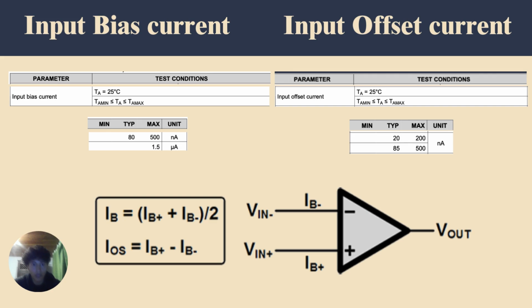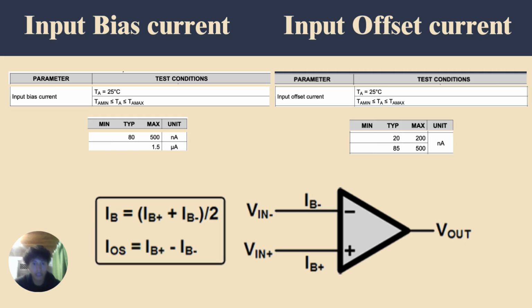How can we minimize input offset current errors? One, choose op amps with low input offset current. Some precision op amps have this characteristic in the picoamperes range. Or two, match impedance at both input terminals if the non-inverting input has a source resistance. Adding a matching resistor at the inverting input helps reduce errors. Or three, use chopper stabilized op amps.